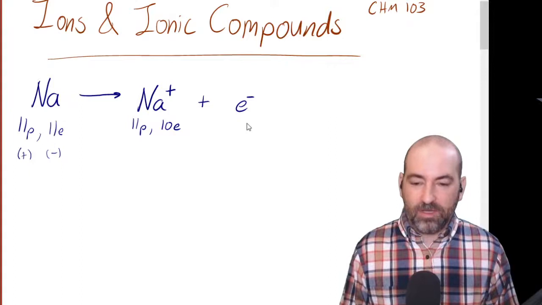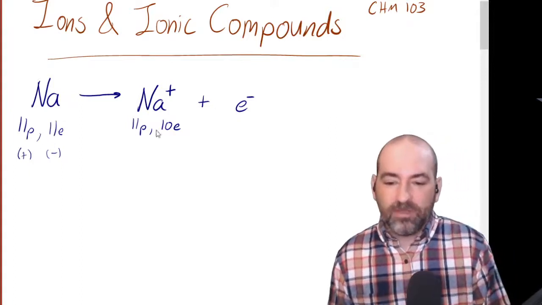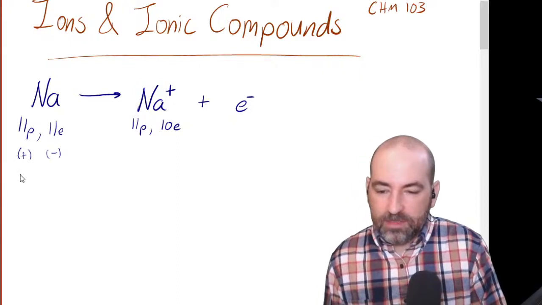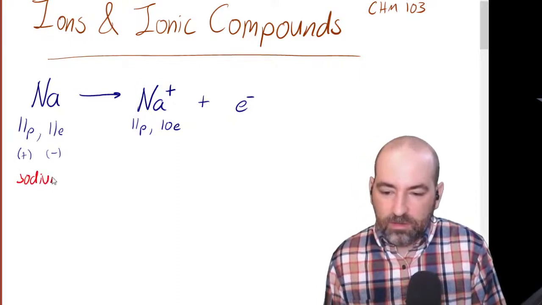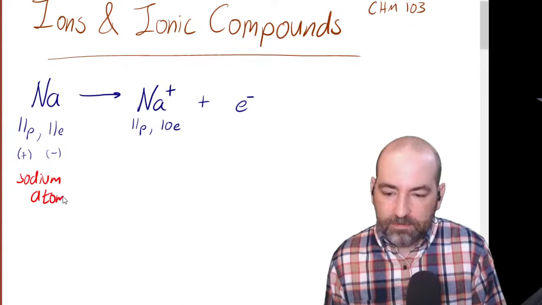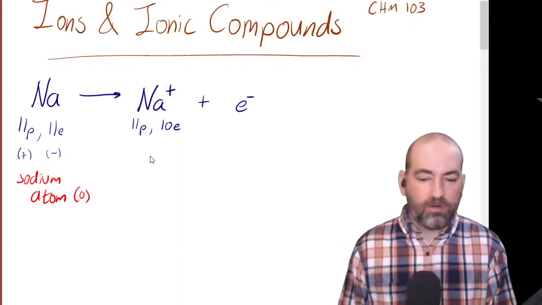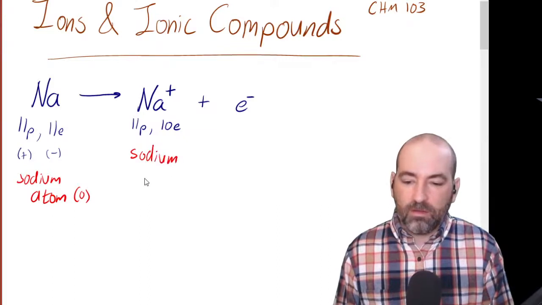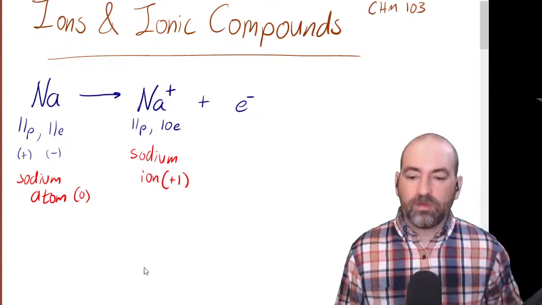So now sodium is no longer neutral, and this is now what we call a sodium ion. So let's just label those. This is a neutral sodium atom with zero, no charge. And this is a sodium ion with a +1 charge.